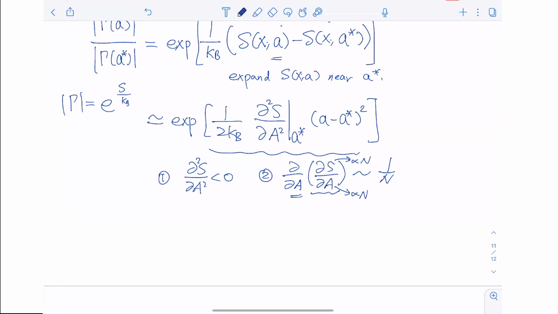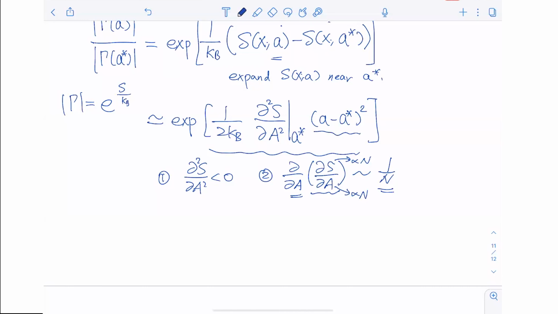But there's another derivative with respect to A, which will give you a factor of 1 over N. So even though the exact form of this thing is not clear, we know the dependence on the system size should go like 1 over N.